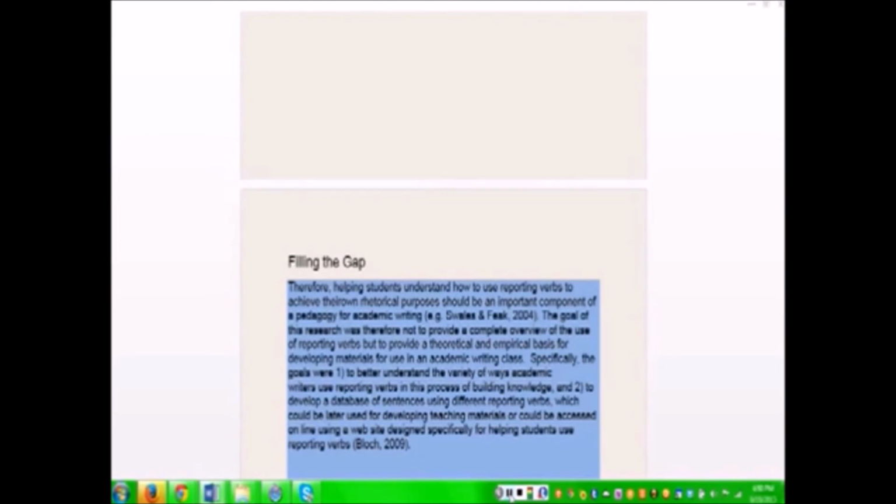And then the goals of the paper is to first better understand the variety of ways academic writers use reporting verbs, and then I'm going to specifically develop a database of sentences using these reporting verbs that provides them samples that addresses specifically the problem of understanding their meaning, and that they could use for materials that could be accessed on a website.